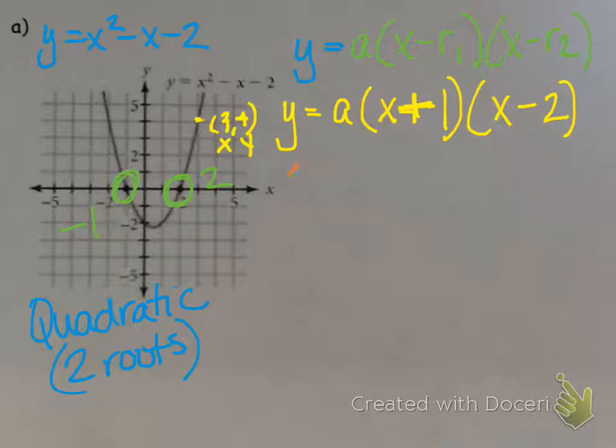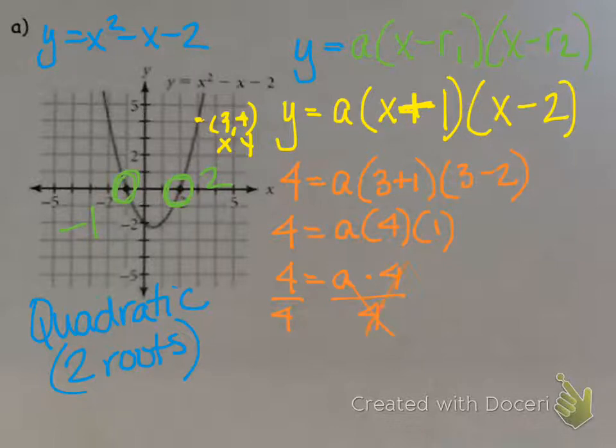So 4 equals a times 3 plus 1 times 3 minus 2. So I'd get 4 equals a times 4 times 1, so 4 equals a times 4. To solve for a, we divide both sides by 4. So a equals 1.